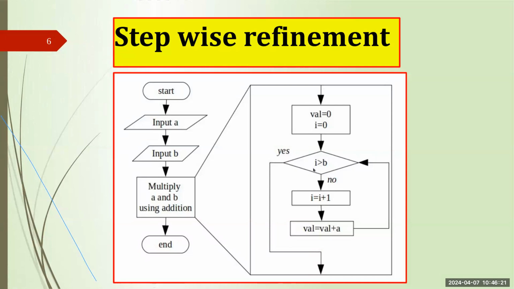If I becomes 4, that means I becomes greater than B. So if it is yes, this exits. So the value has the multiply of A and B.